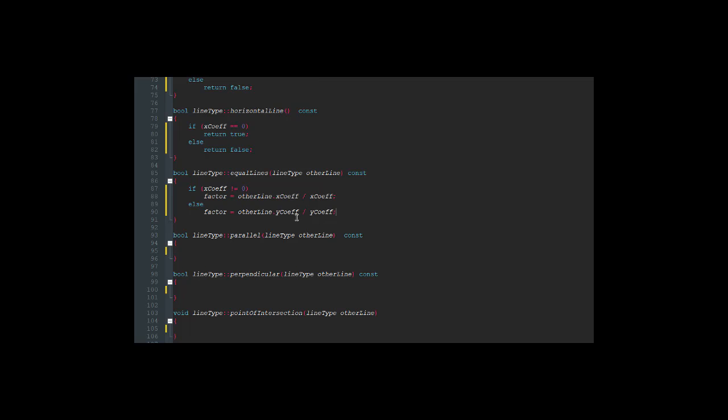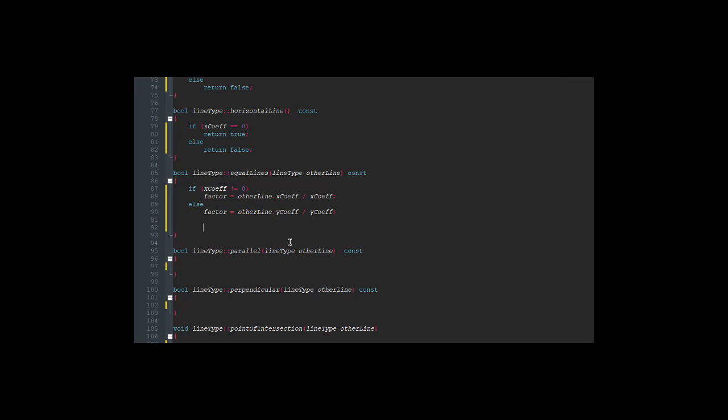Because since we're having the y coefficient divided by the other y coefficient, since we do this equation, it would dictate that if we multiply the factor by this right here, then you would get this term right here. So it's just basic math or algebra.